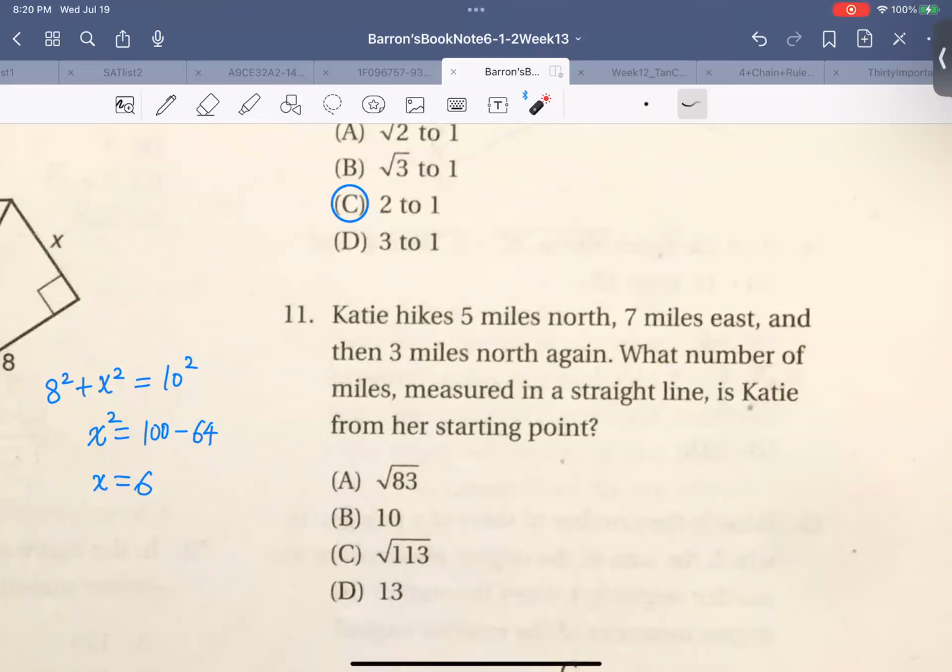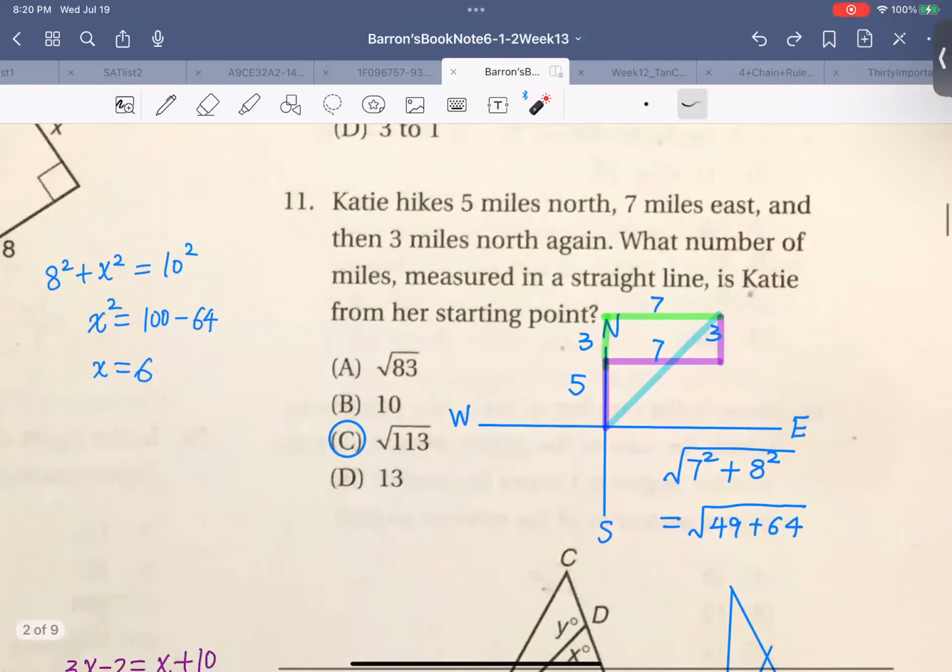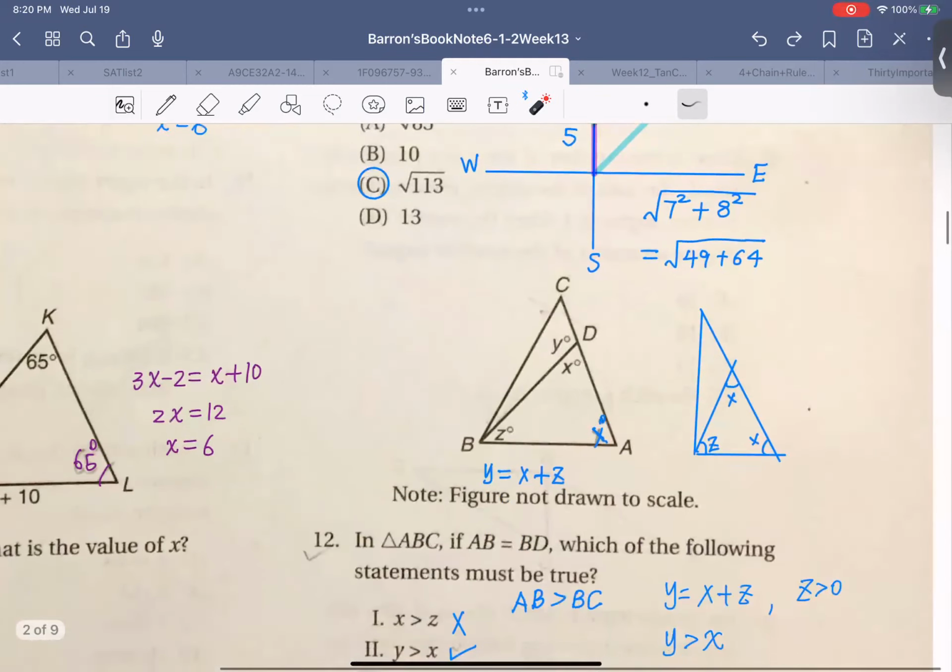Yeah, good job, Jeffrey. So the next question is joined by this, right? You go north, and you go east, and then you go north again. So you have 8 square, 7 square, and you have this. Okay. Next one.